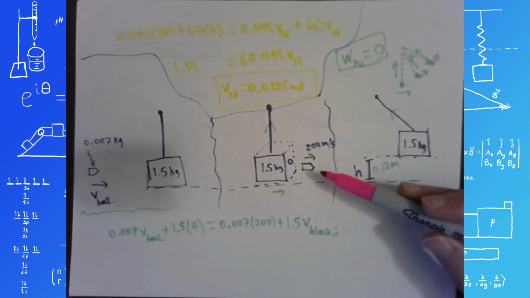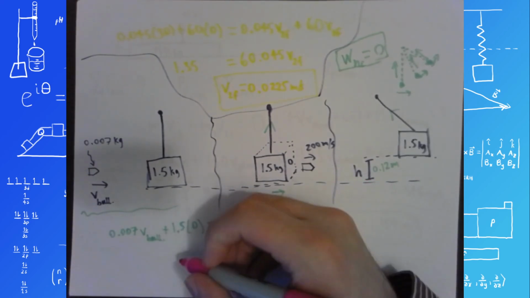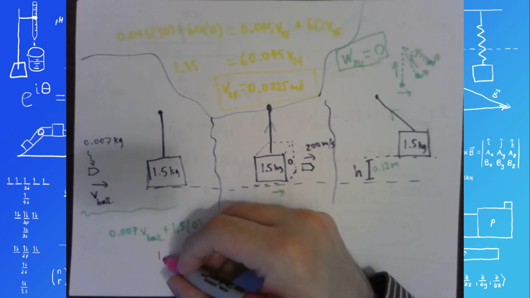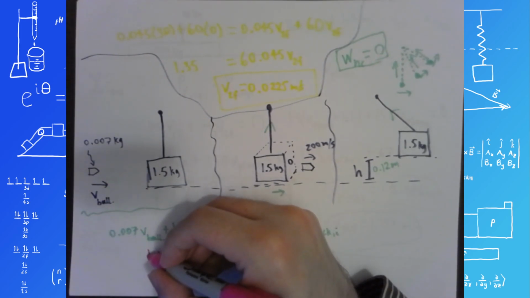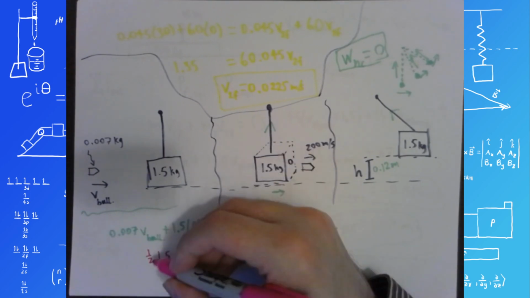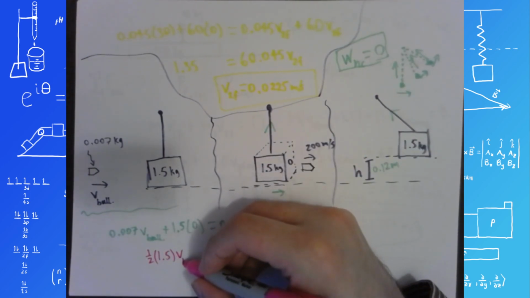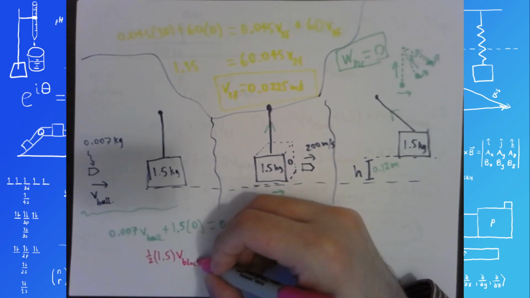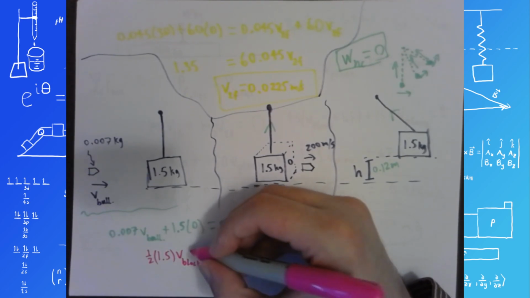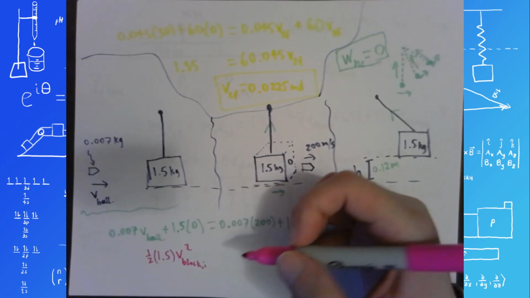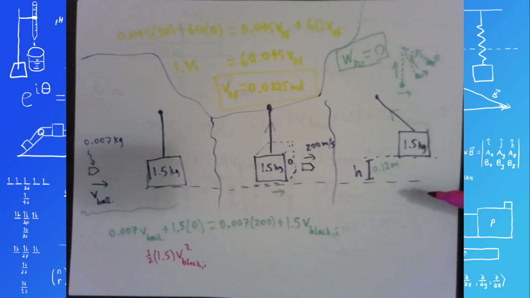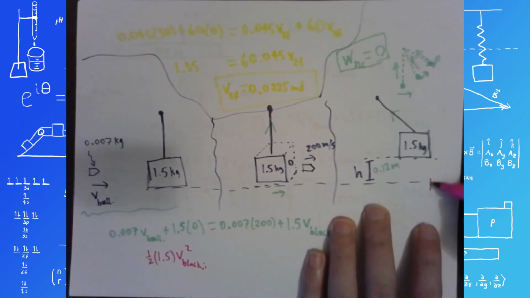There's going to be some sort of initial kinetic energy here, 1/2 times the mass, 1.5, times V block initial squared, plus 0 gravitational potential energy. I'm deciding that this is my 0 line right here.